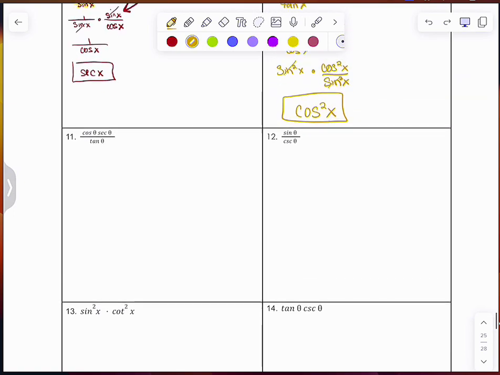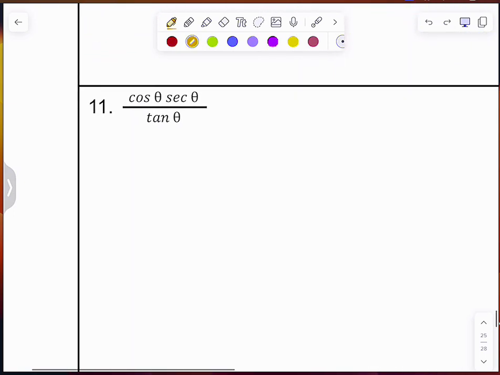Okay. You try number 11 then without me. Give that one a whirl. See if you can get it.